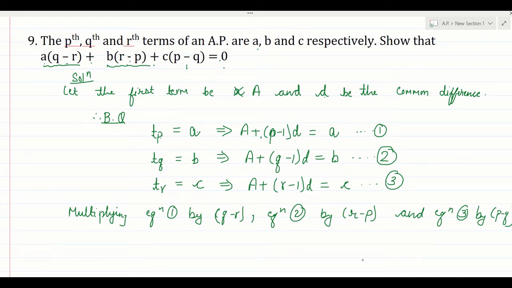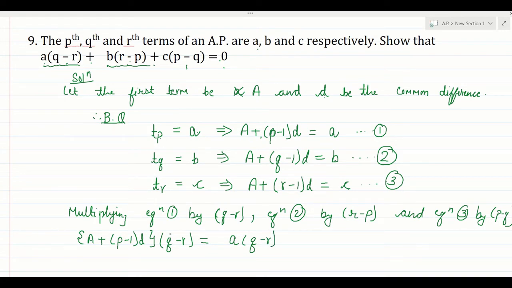Okay. After this, what do we get? When we multiply equation 1 by Q minus R, we will get A plus P minus 1 D, bracket closes. We are multiplying with Q minus R. And the right hand side as well, we should multiply with what? Q minus R. Is this clear?